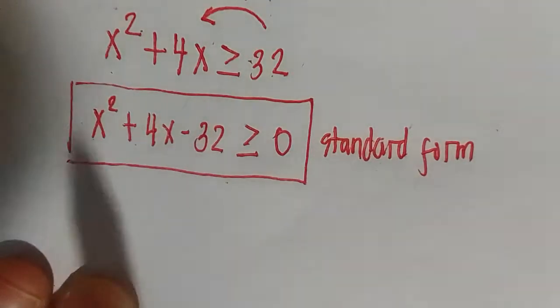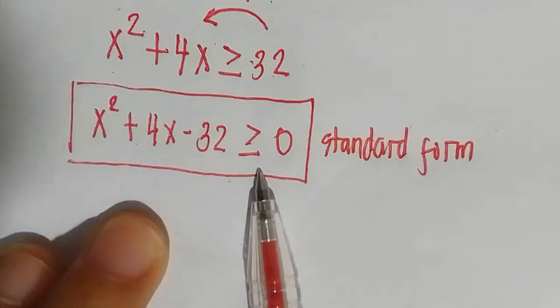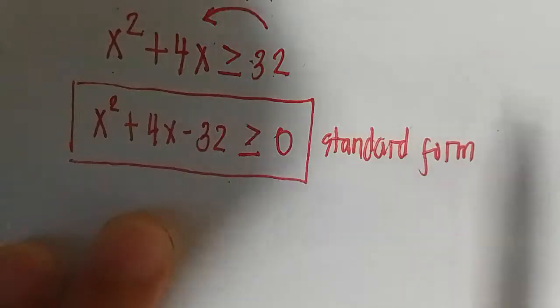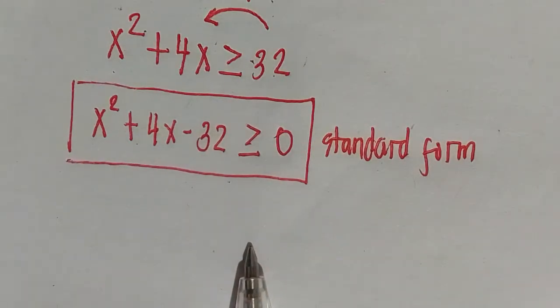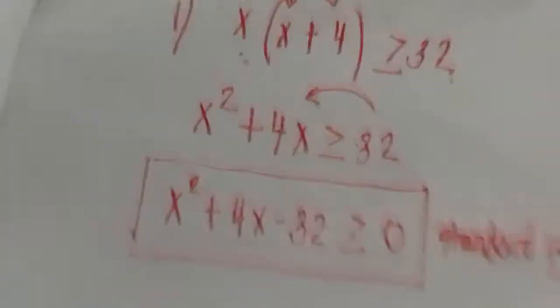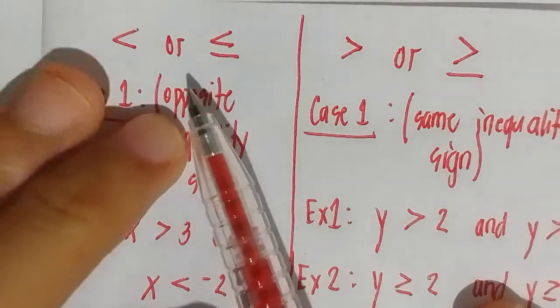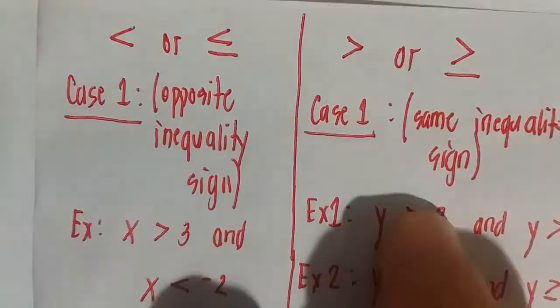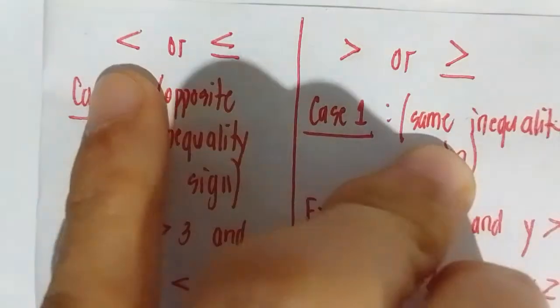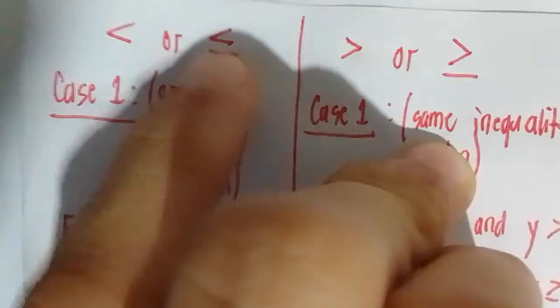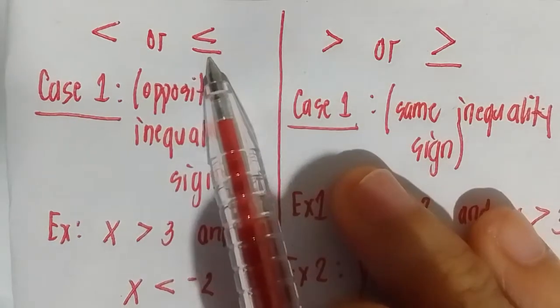Now, after you have the given equation in standard form, this is the time to solve the quadratic inequality, the same way I discussed in your LAS. Remember the hint I gave. For the given inequalities, I classified them into two cases. One possibility is less than or less than or equal to.